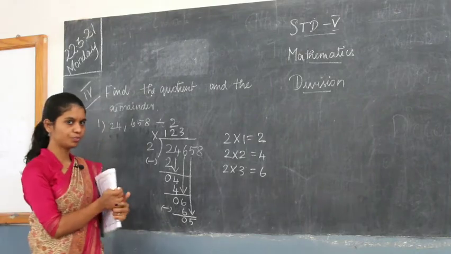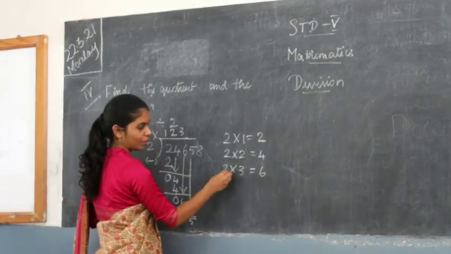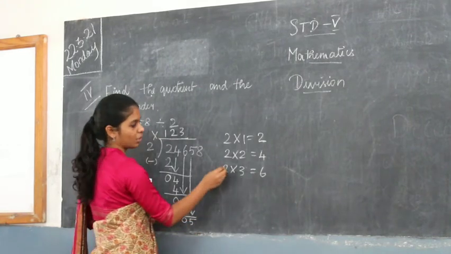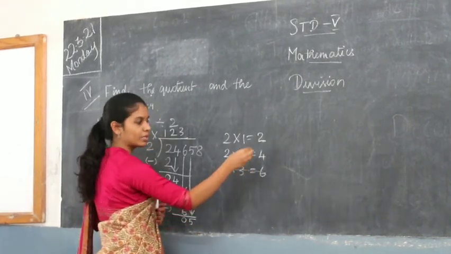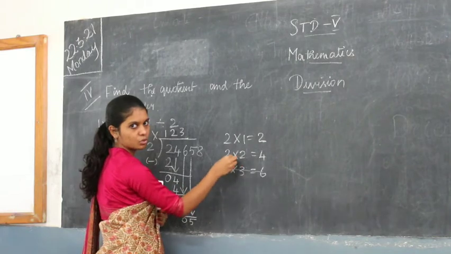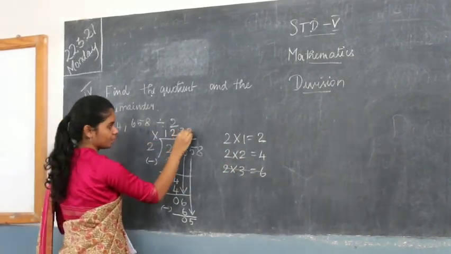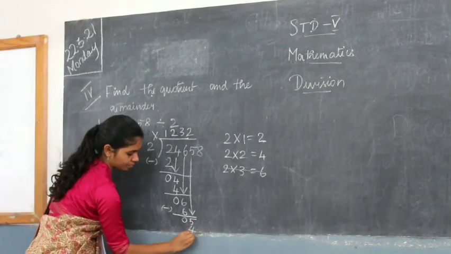So what you should do? You have 2 threes are 6. 6 is greater than 5, so you cannot use this one. So you will go to the number before, which is 2 twos are 4. So 2 into 2 is equal to 4.